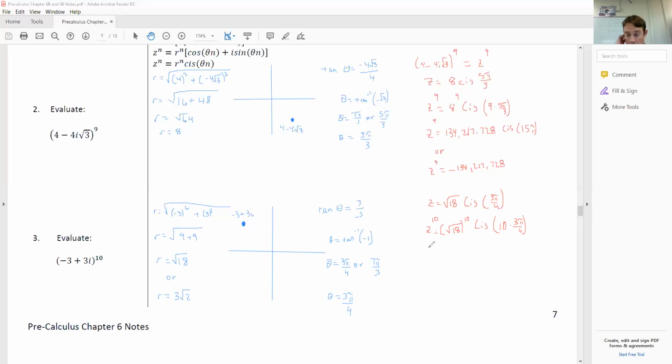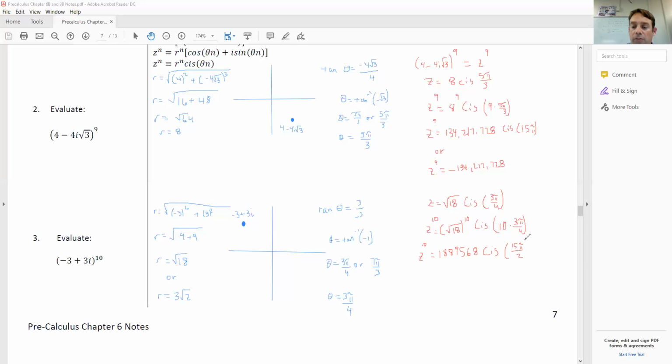So if we take root 18 to the 10th power, again, I do not know what that is off the top of my head, so I'm going to plug that into my calculator here. And I ended up with 1,889,568 cis 30 pi over 4, which is the same thing as 15 pi over 2.